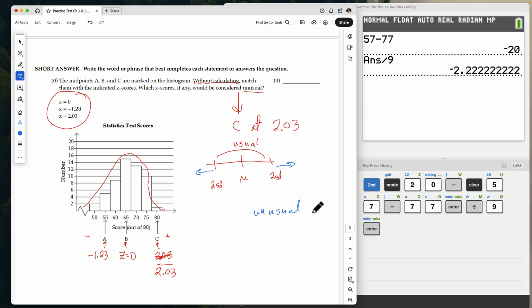So anything bigger than 2 or less than negative 2. And it did also show if you're 3 or more out, then it's very unusual. So we could go with that, but this will get you enough to get by on this question.